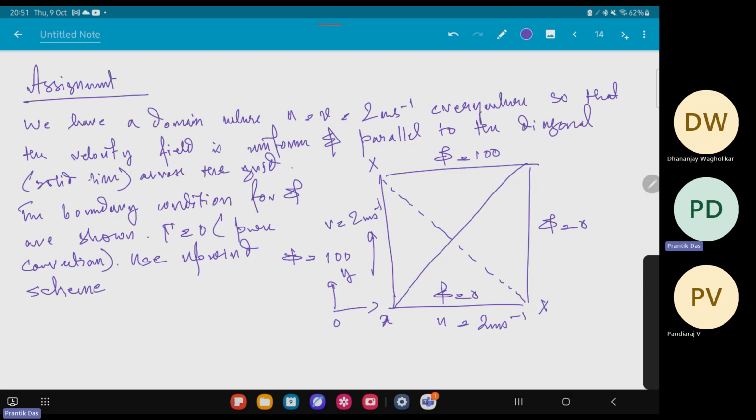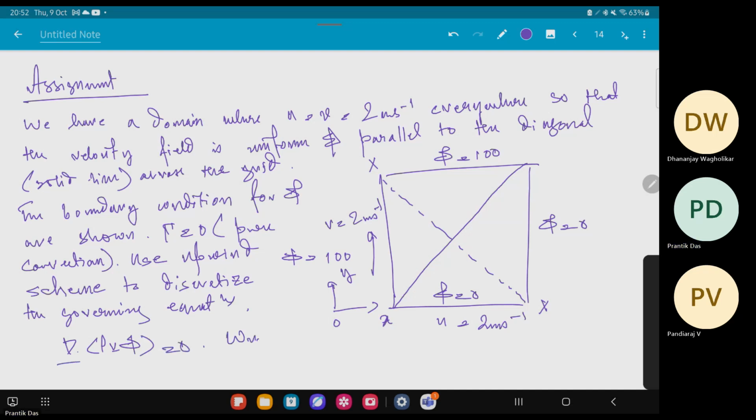So this one is basically a spatial convection equation. Use the scheme to discretize the governing equation, del dot rho v phi, which is equal to 0.